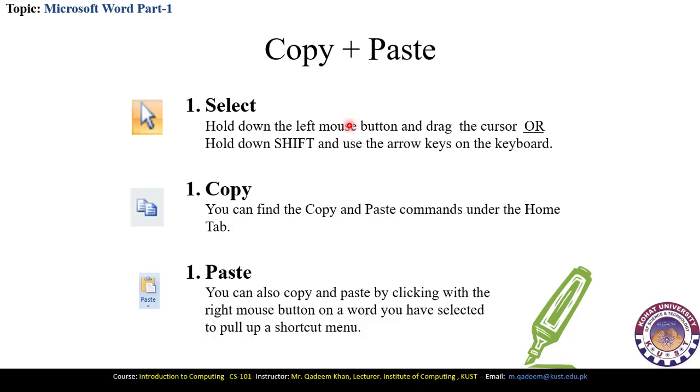Also you can use the left mouse button and drag the cursor over a particular paragraph, then this text will be selected here. You can also copy the text. You can find the copy and paste commands under the Home tab. Also, you can paste by copying and then pasting that particular text again at that particular position.